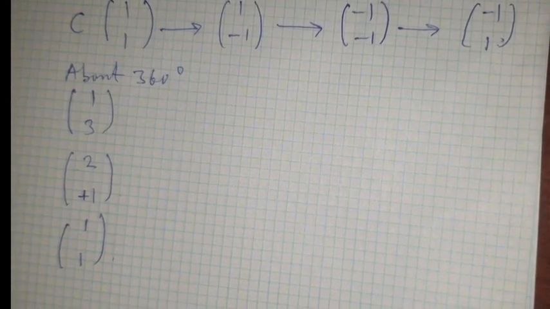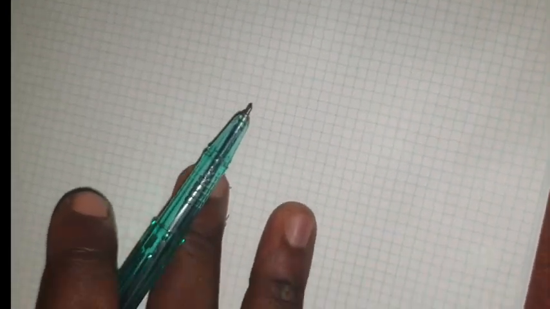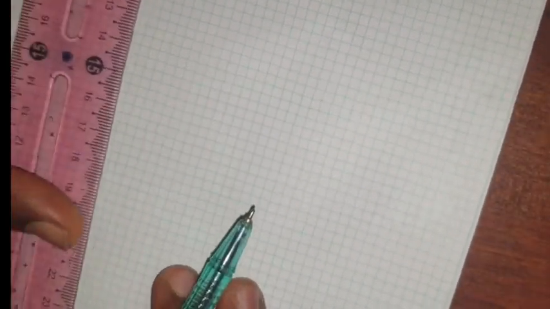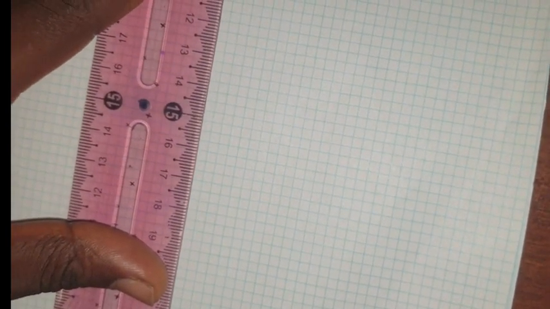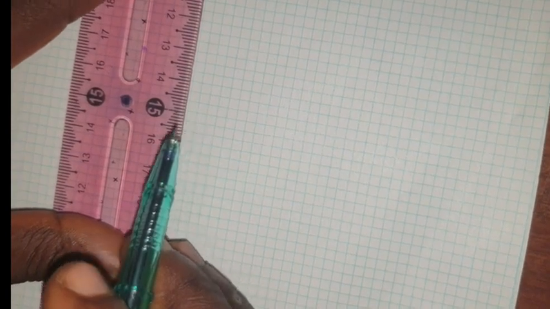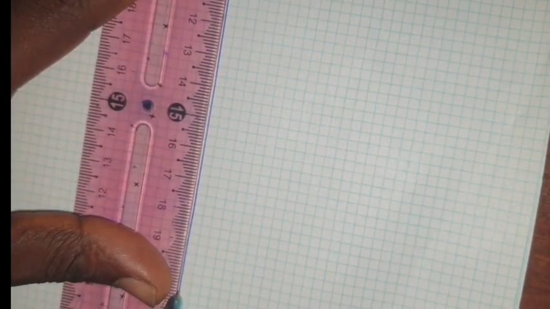So now we are going to show this on XY plane. To show this on XY plane, we are going to make use of the point given, the original position, then the images about 90, 180, 270, and 360 degrees. So draw your XY plane.